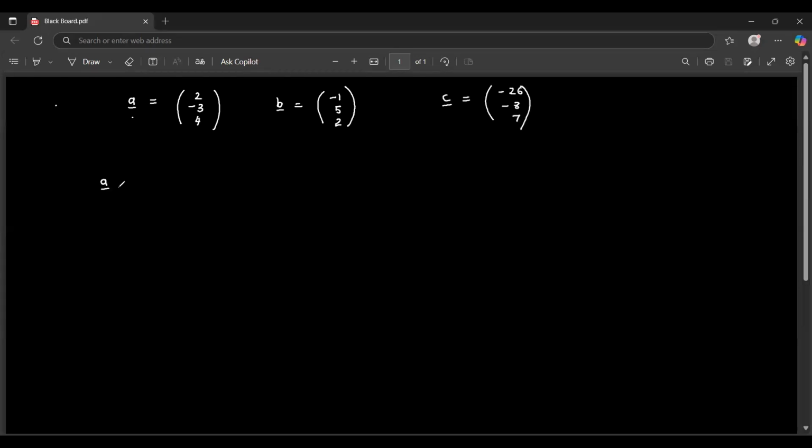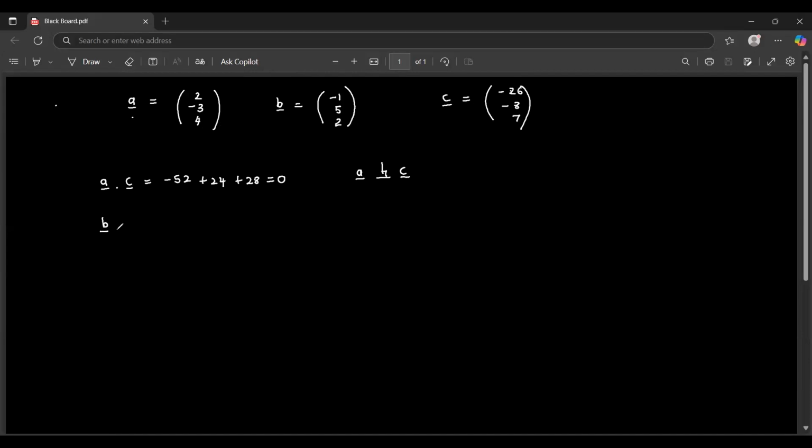First of all, A dot C will be equal to 2 into minus 26, minus 52, minus 3 into minus 8, plus 24, and 4 into 7, plus 28. That is equal to 0. So A is perpendicular to C, which means the values are correct.